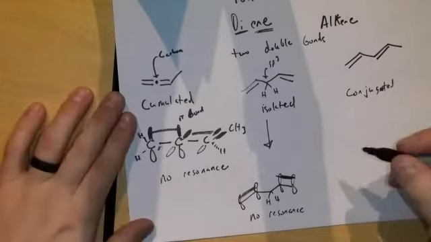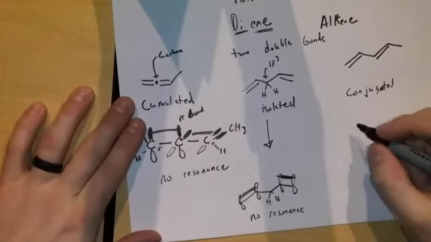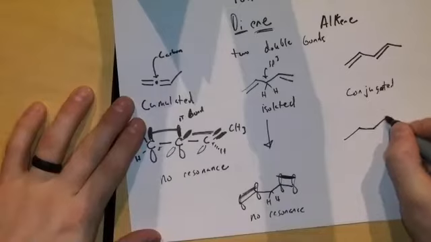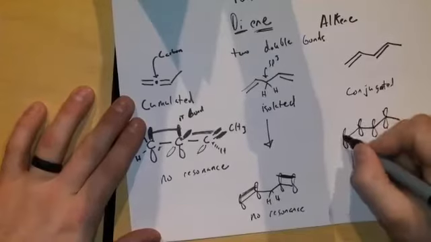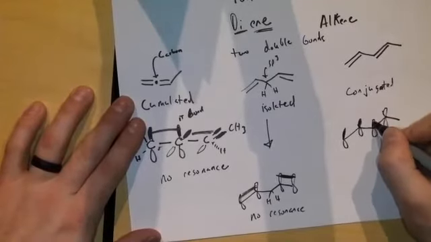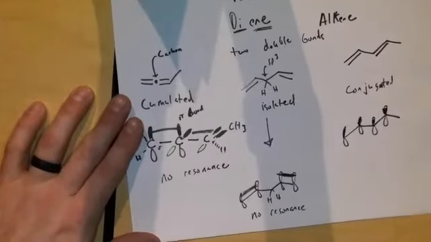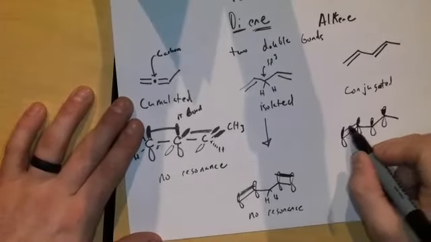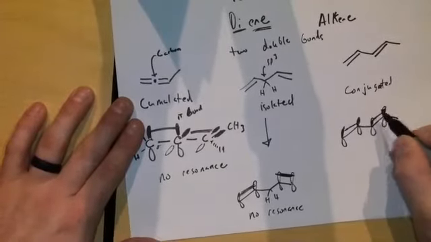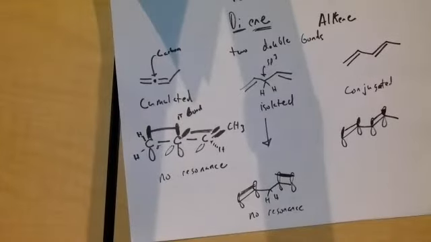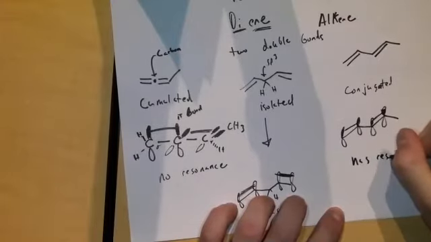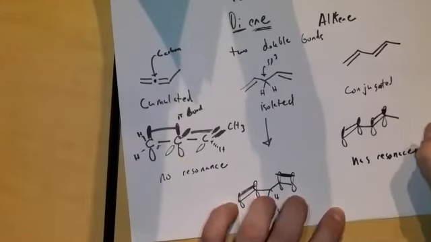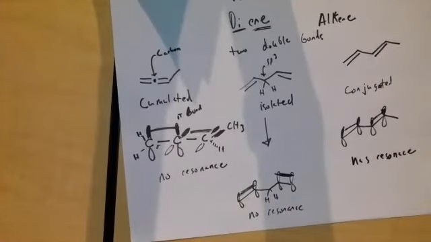Our pi electrons are going to look like this, where they all can be nicely lined up in the same plane. This has resonance. Or at least it does right now.